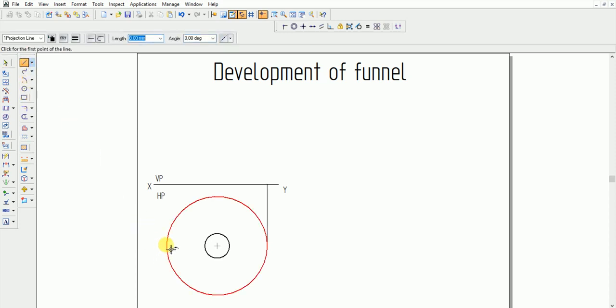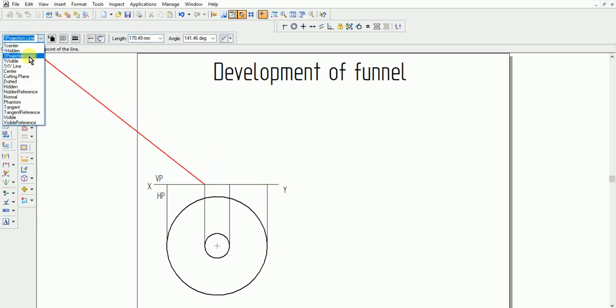Again from this point, let us draw the projection line. From this point as well, and from this point as well. Fine. So once we are done with it, now let us start by drawing the cylinder.